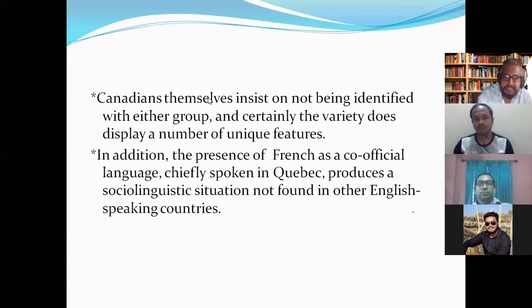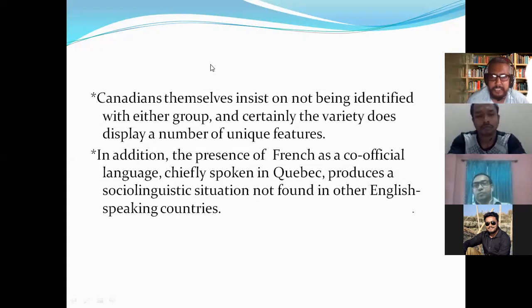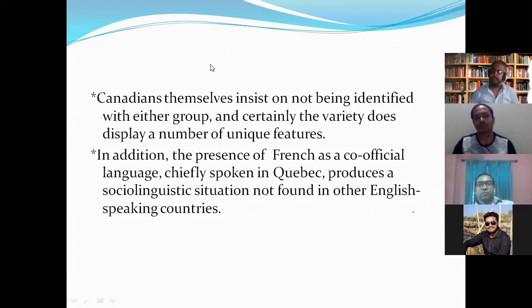Okay. In addition, the presence of French as a co-official language, chiefly spoken in Quebec, as Quebec is a province of Canada, and here French is used as a co-official language and produces a sociolinguistic situation not found in either of the other English-speaking countries.